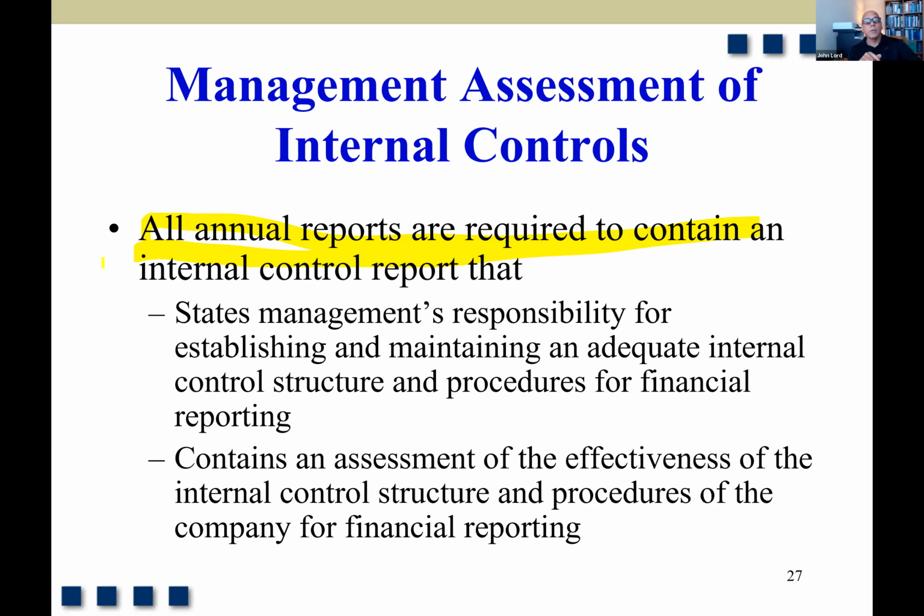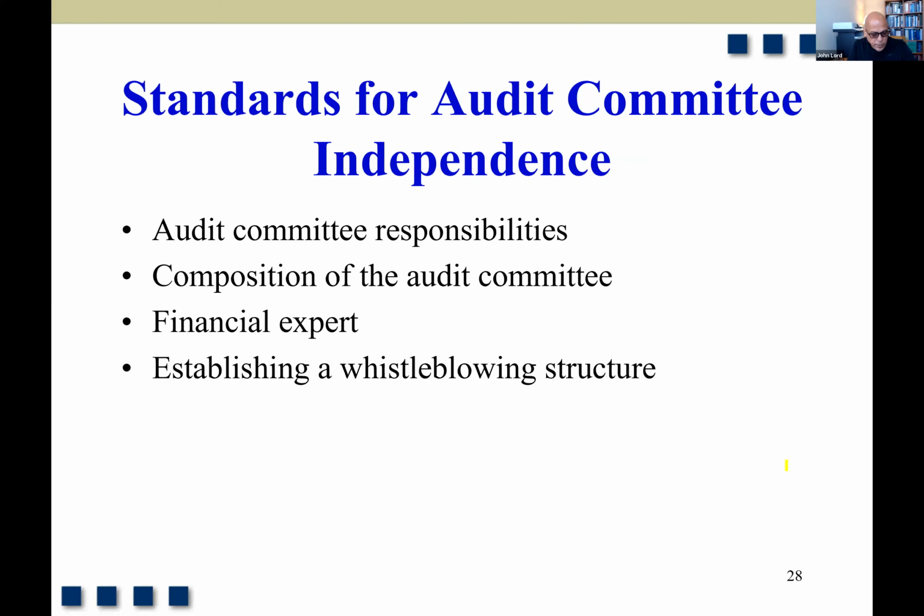You'll see the auditor's opinion, and you will see the auditor's attestation, the auditor's opinion as to the internal control as well. So focusing on that internal control and that it is being properly maintained, and they're assessing the effectiveness of that and talking about any weaknesses and, of course, any corrections that they have made to those control problems.